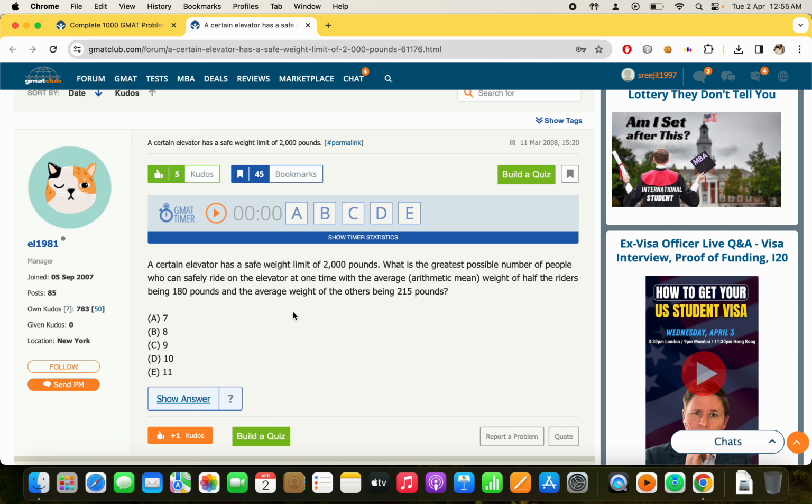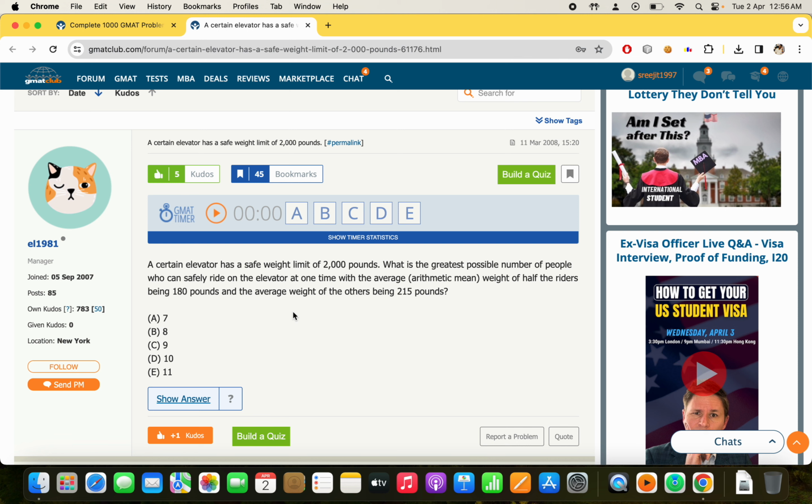So let's solve it. 90x plus 107.5x is less than 2000. 197.5x should be less than 2000. So this is something we need to divide trickily.